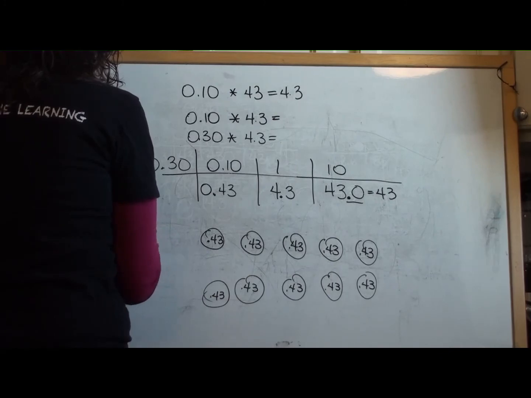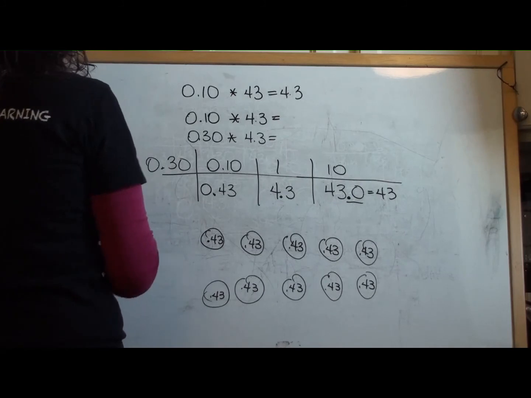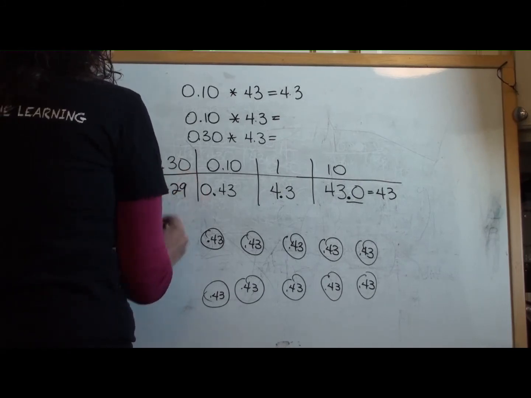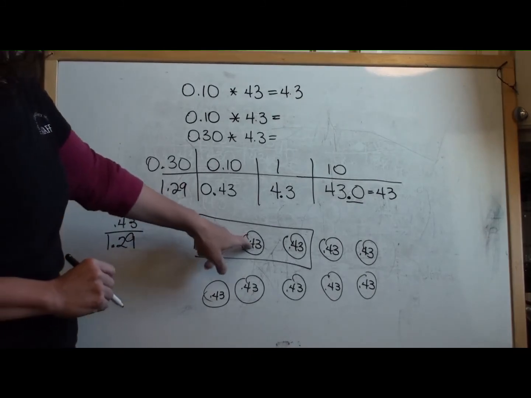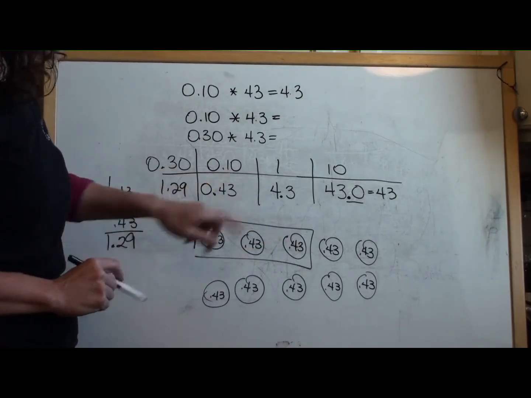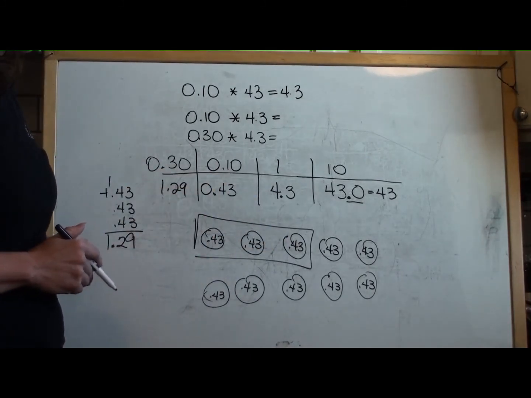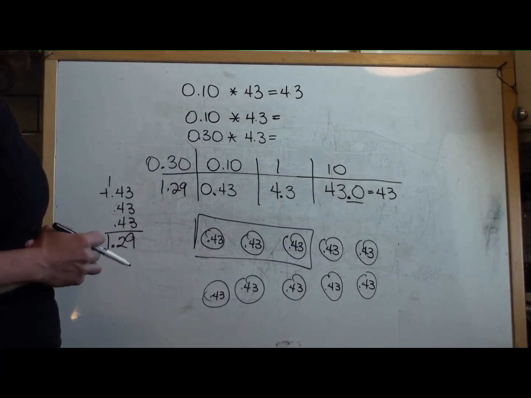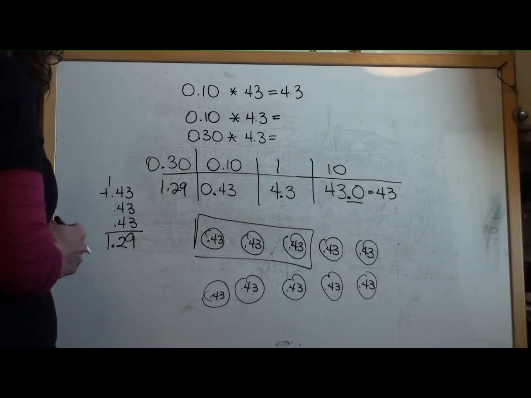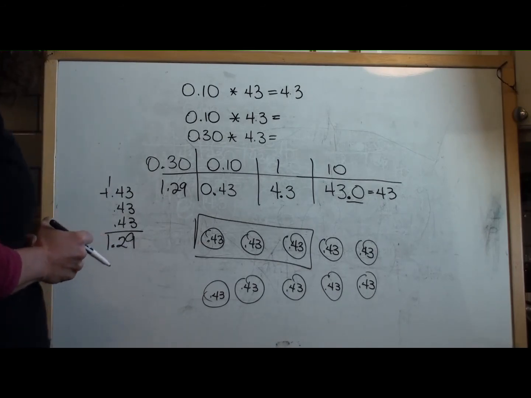Sometimes adding is just as good as multiplying. So here I get 1 29 hundredths. And I'm just circling 3 of those. So if you understand your 10 times, it helps a lot. 10 times greater than, 10 times less than.